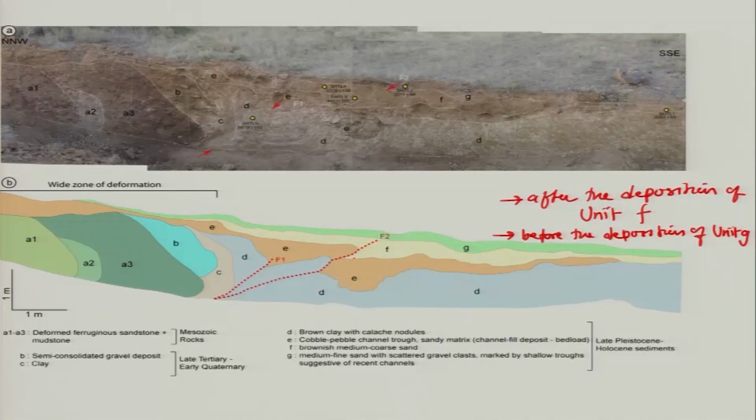Because this was the surface at the time of the earthquake, and it got displaced. So if this was the surface before the earthquake, that means this existed before the event. So the deposition had already taken place. So the event occurred after the deposition of unit F, and since G is capping this deformed unit F, the deposition of G came up later on.